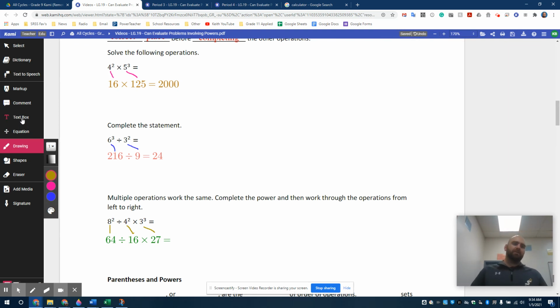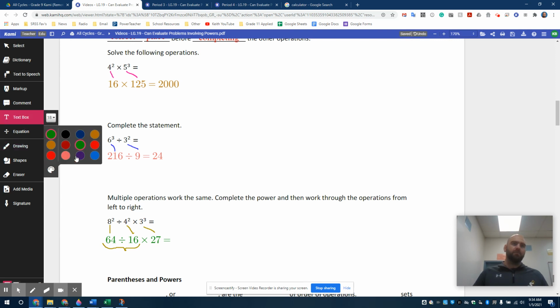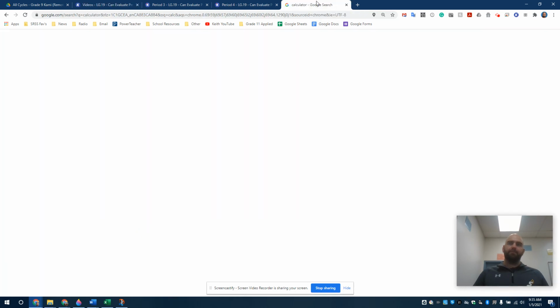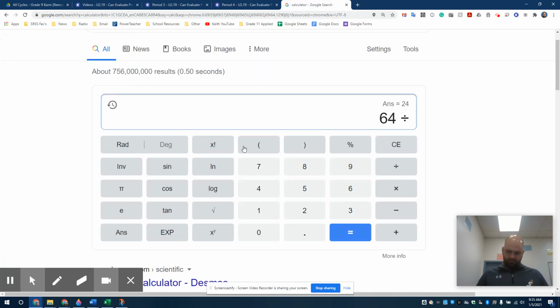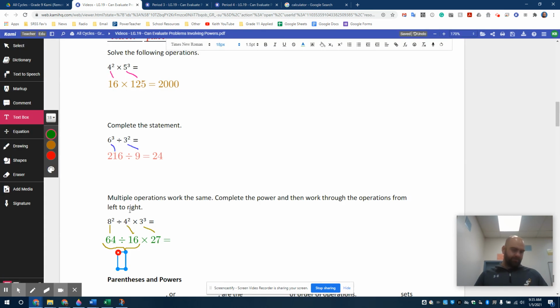So that was something that you may be able to do. Now the first thing, it's on the left, so we do this division first. 64 divided by 16 is 4. That's a positive 4.